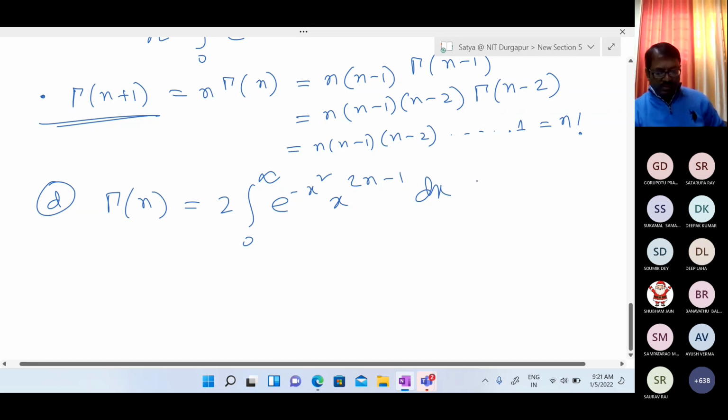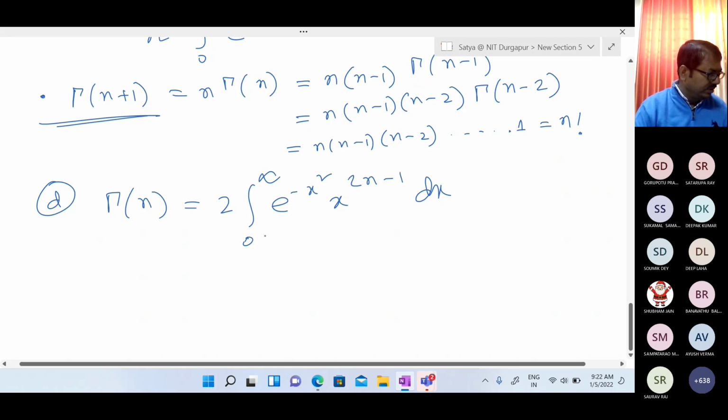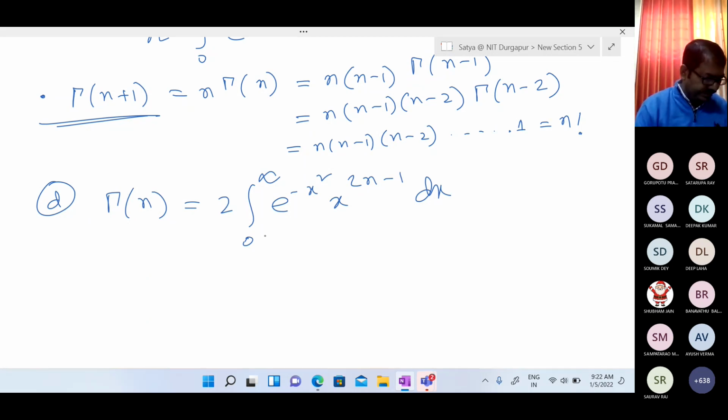We need these properties to prove the theorem about the gamma and beta functions. Some people know this property already, as it is used in 10 plus 2, so they will feel it is easier. But some people don't know these properties, so they need to. So how can we do this?